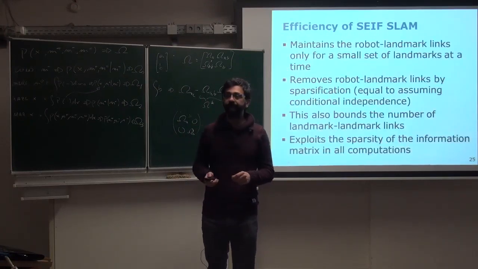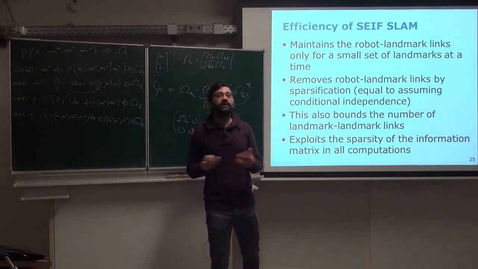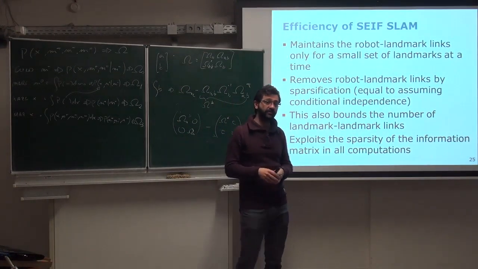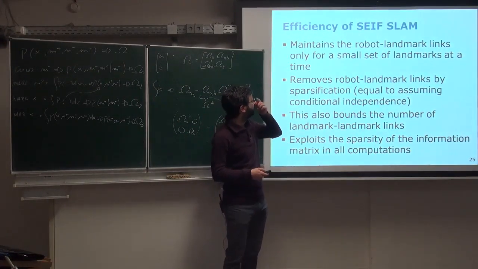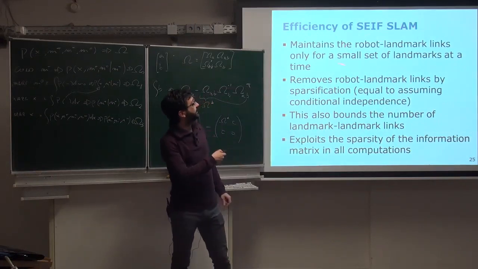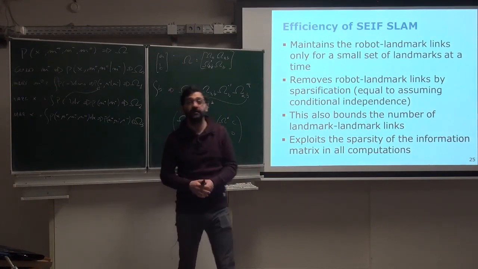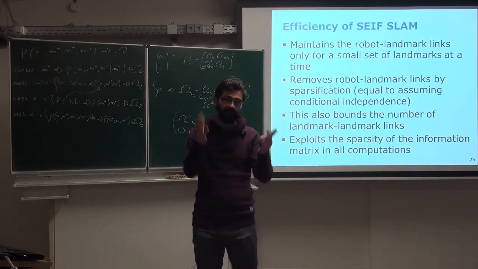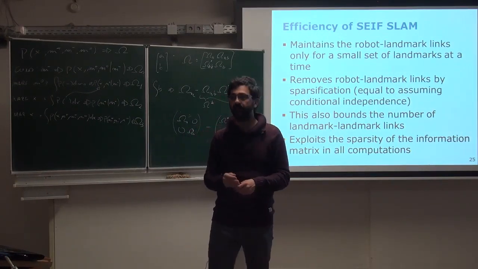Okay? So why do we care about this? We care because it's efficient. Since we have a sparse structure, we only need to maintain links between the robot and the landmarks for a small set of landmarks at a time, which is this bounded set of active landmarks.